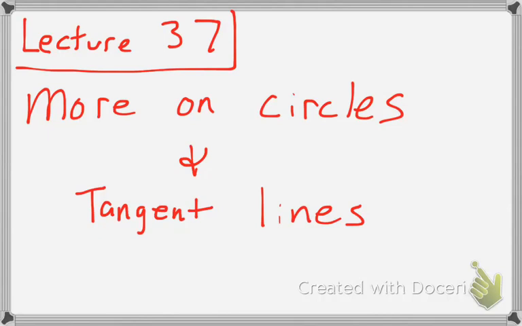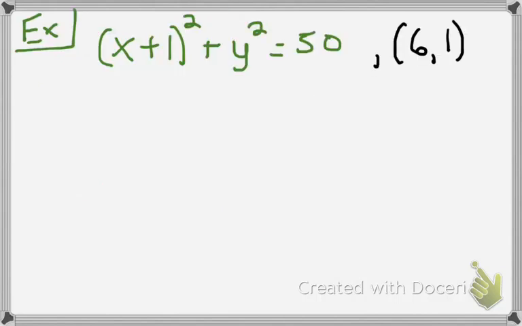From lecture 36, this is kind of a continuation about circles and tangent lines. So let's look at an example here. We have an equation of a circle in green. One thing I like to identify is a center, which is my H and K. My H in the equation is positive 1.